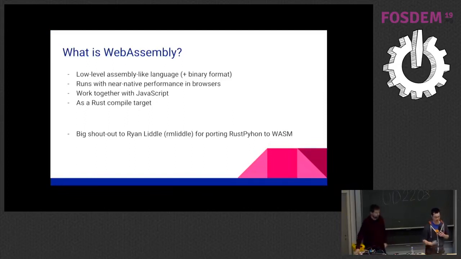But just to quickly recap, WebAssembly is a low-level assembly-like language definition and its binary format that's intended to run in the browser, which can run at almost native performance. So it also works well together with JavaScript. If you have a web app that has a performance bottleneck, you can write that part in WebAssembly, make it really fast, and it still works together with JavaScript.